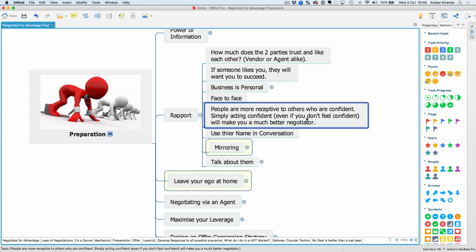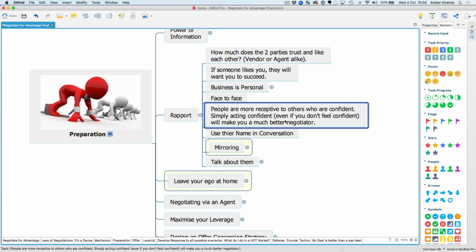If someone likes you, they will want you to succeed. So if the agent likes you, the agent will back you so that you get the project instead of your competition. And believe me, there are some agents who will just blurt everything out, and I love to buy from such agents.